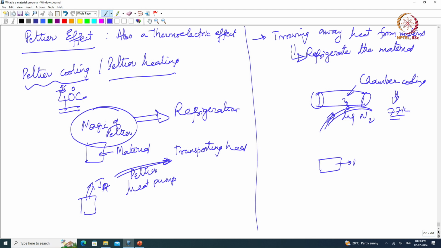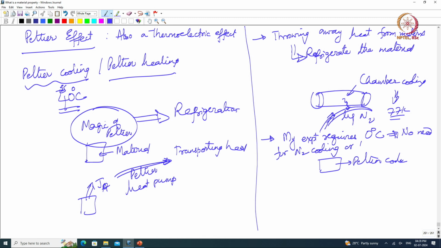But I don't have to go through all this struggle if I have a small Peltier cooler, and my experiment requires me to work only at 0 degrees Celsius. So no need for nitrogen cooling, or even worse, helium cooling.